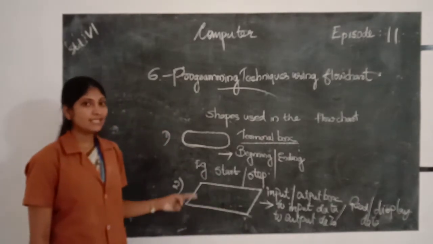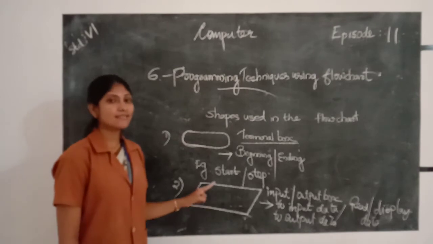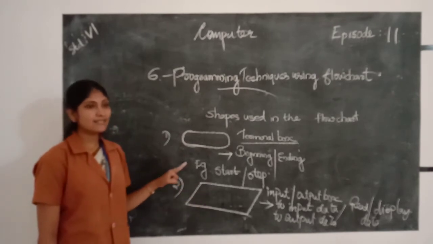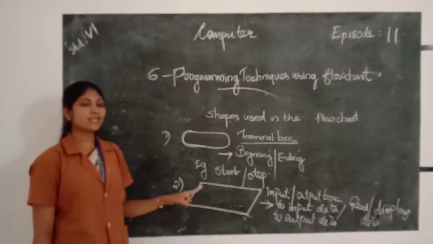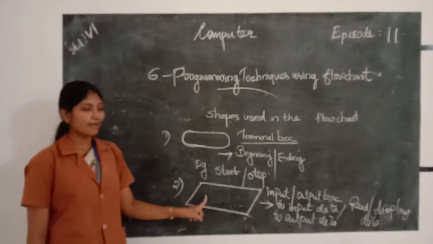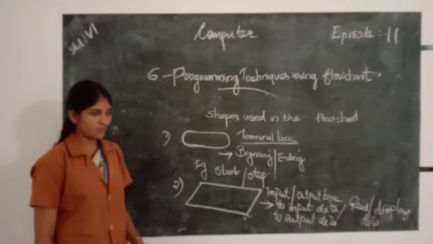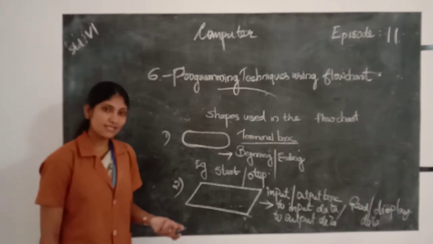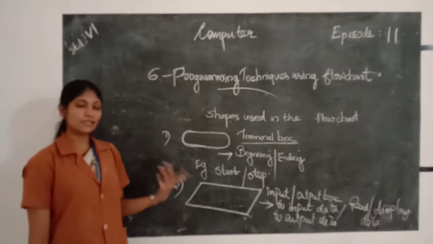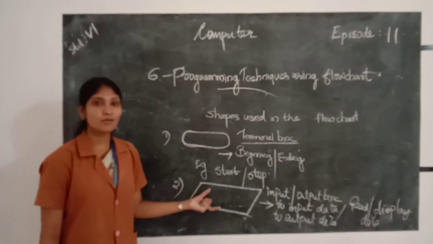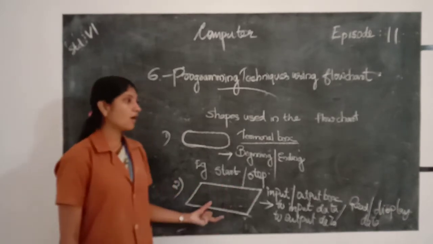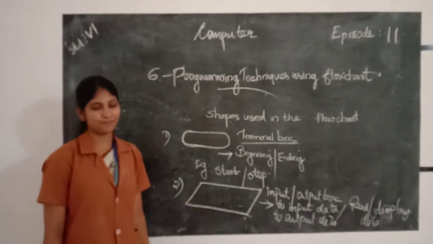We should write the reading statements or printing statements on the input or output box. That means accepting data, input data, or displaying data, output data. Such types of statements should be written on the input or output box.